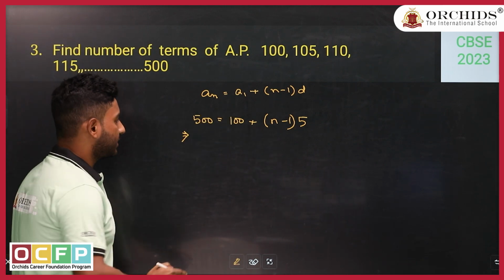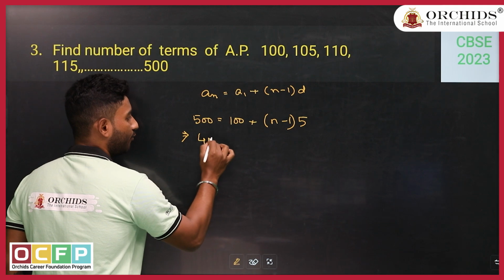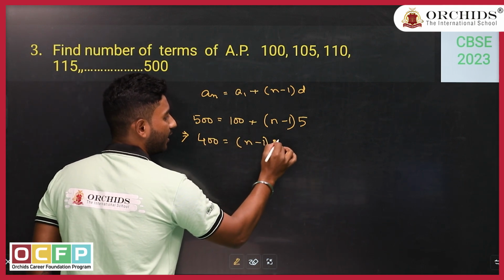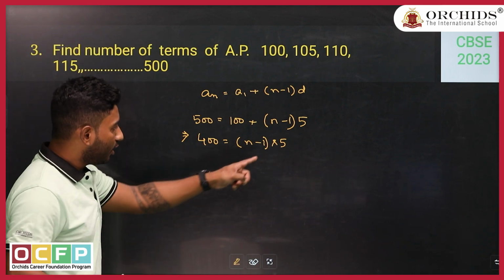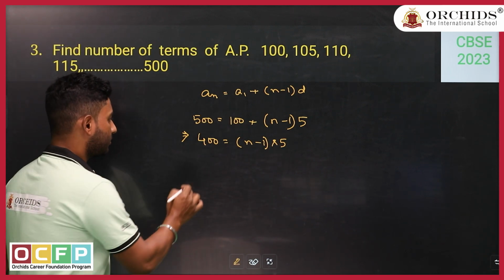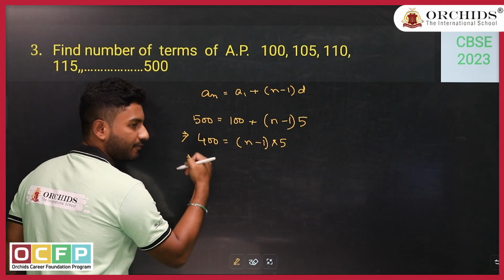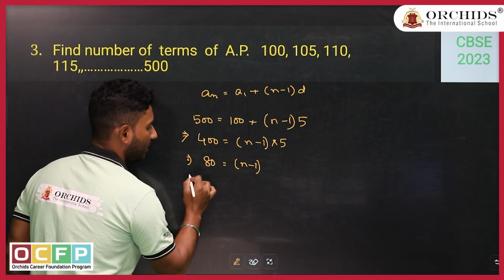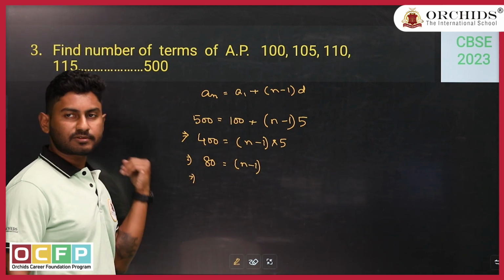So bring 100 this side, other side it will be 400. n minus 1 into 5. Okay? Now if I am not wrong, 5 if you bring this side it will be divided, right? So 400 divided by 5. What is 400 divided by 5? It's 80. Bring minus 1 the other side.